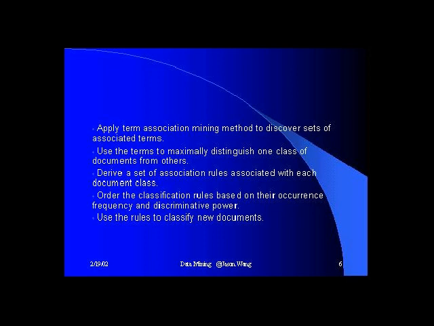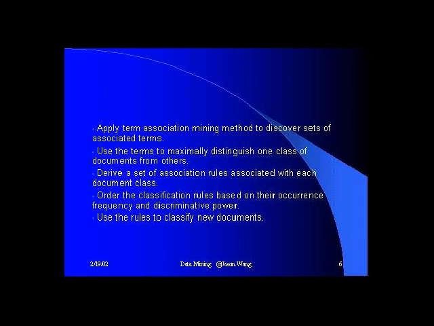For example, this class of documents talks about sports, and this class of documents talks about hobbies, and that class of documents talks about computers, PCs, and so on. So you have different classes of magazines or documents. Each class talks about different subjects.